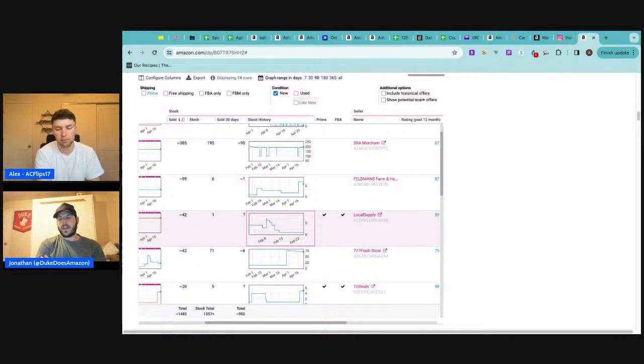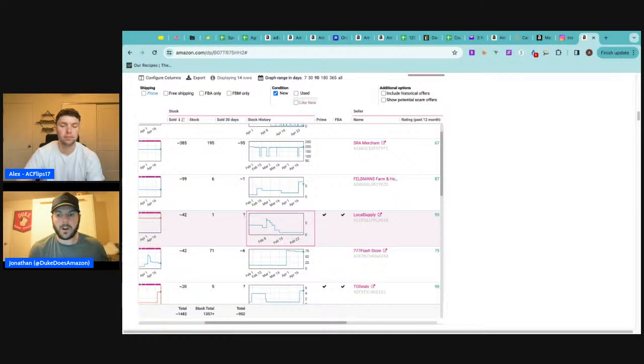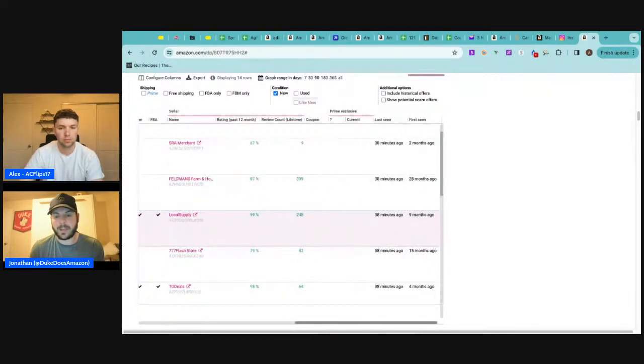Sure. Yep. And so as somebody who loves seeking out decreasing seller count and increasing price, I understand what you're saying, but I personally would not do that because 90 days is a long time. The average of what it could be 10 weeks ago is just not necessarily what's going to happen in the upcoming weeks.